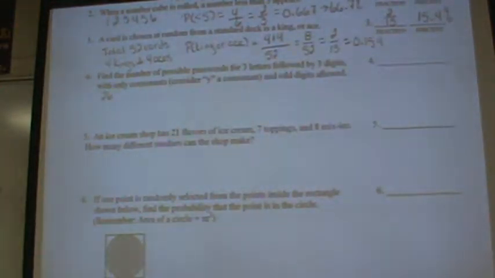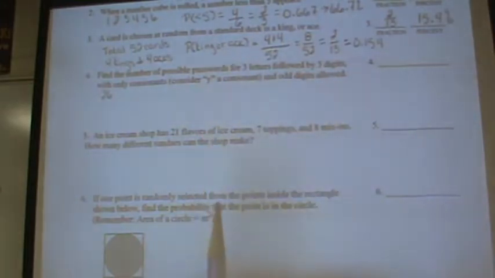And we know that our vowels are A, E, I, O, and U, because it tells us that Y is to be considered a consonant. So we have 5 vowels, so that must mean that the other ones are all consonants. So we subtract this and you get 21 consonants.